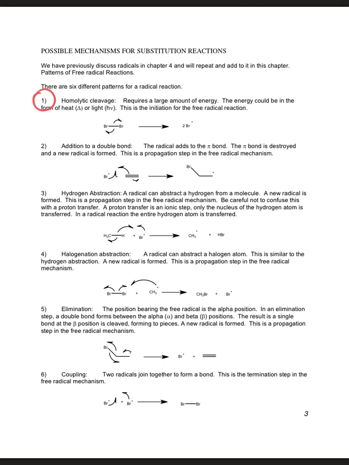Okay, everything has that, and everything has a termination reaction, and then in between we have either things relating to a double bond, which would be 2 and 5, and then 3 and 4 are relating to abstracting a hydrogen and replacing it with a bromine on just an sp3 hybridized carbon. So 2 and 5 go together, and 3 and 4 go together in those mechanisms.